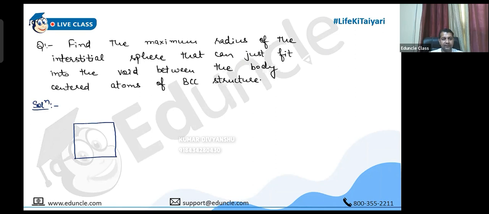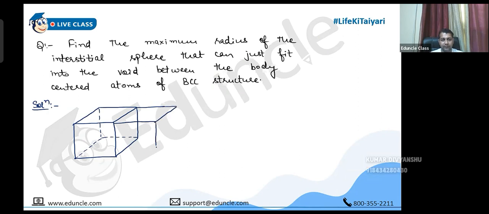This is one cell. This is an adjacent cell. And then there are atoms within the body center. One atom is here within the body center of this unit cell, and another is here. Now you can see there is some gap here in between these two. So if I place some atom or sphere here, then what will be the maximum radius of that sphere? That's what they are asking.